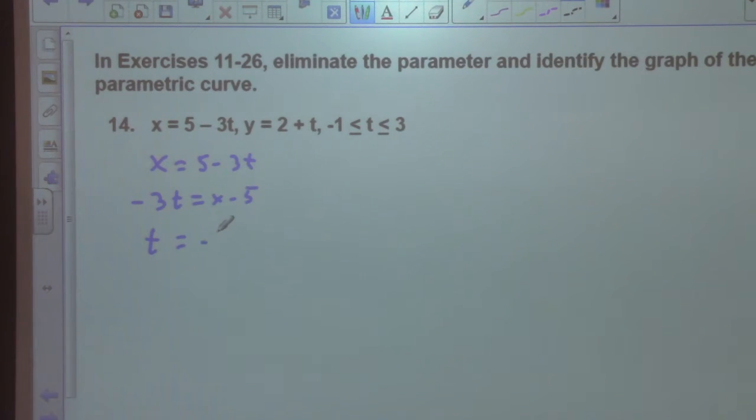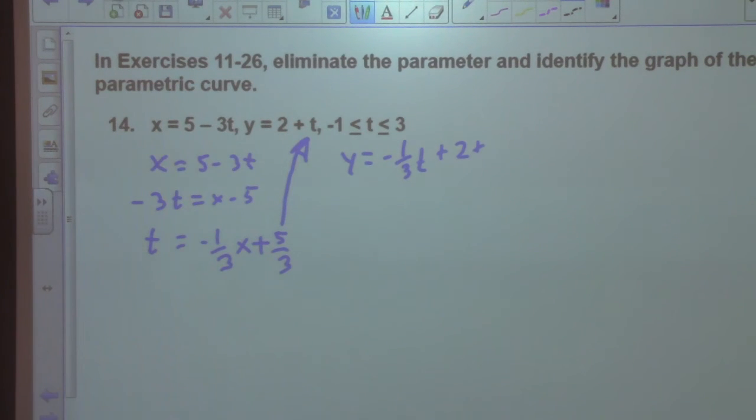So it's negative x over 3 plus 5 over 3 equals t. So you're going to get that, and then you plug in for this. And I plugged in and I got y equals 2 plus negative x over 3 plus 5 over 3. But I changed the 2 to 6 over 3.